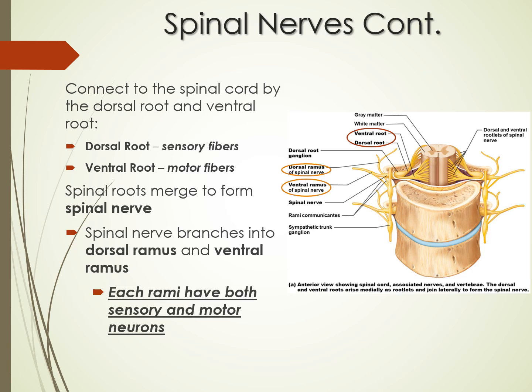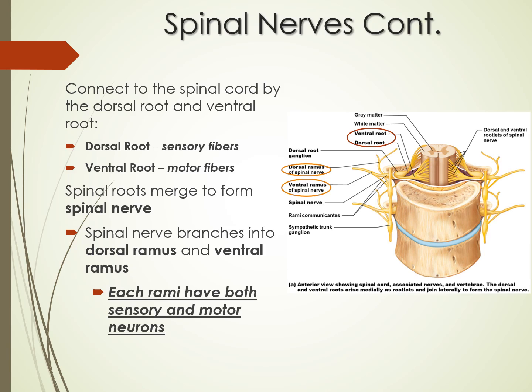So now let's talk about how the spinal nerves actually exit the spinal cord and the vertebral column. They connect via these spinal roots, right? We said that we have a dorsal root and a ventral root, or if you like to think posterior and anterior roots.